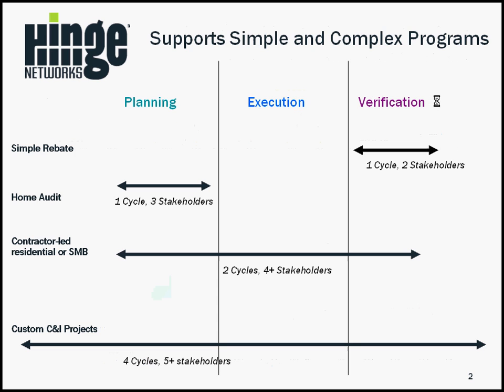And finally, one of the most important aspects of Hinge EPM is that we have pre-built workflow and rules objects for all the common types of programs that energy efficiency program managers administer.